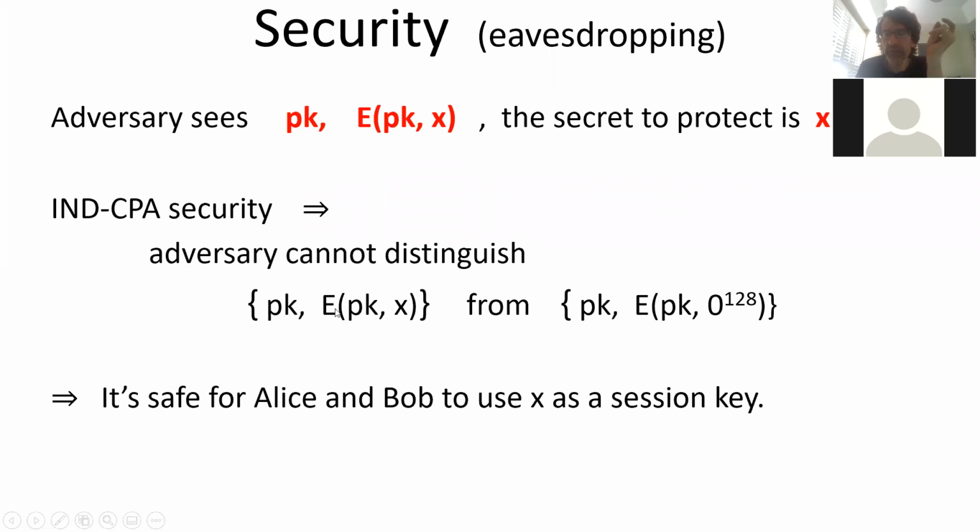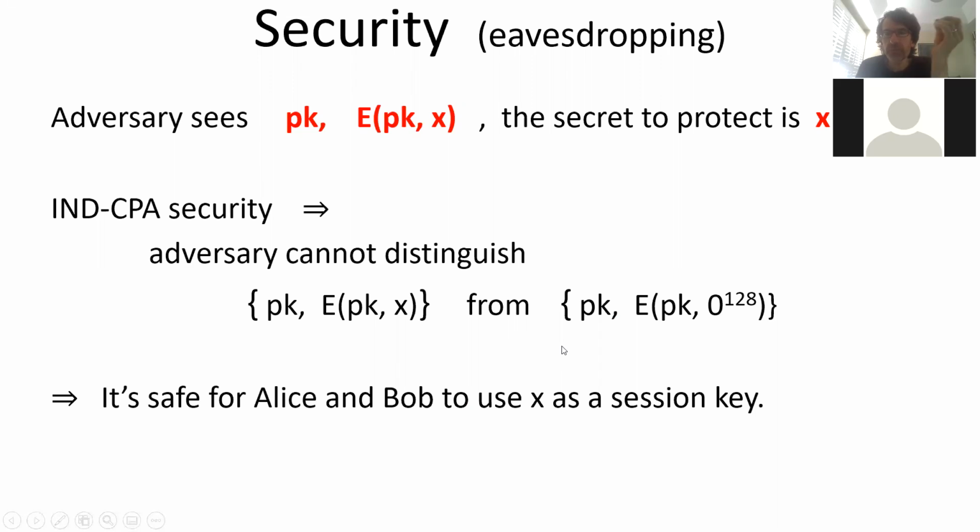The ciphertext went from Bob to Alice. Let's create an imaginary view where we keep the public key, but we replace the ciphertext with an encryption of random garbage, or not random, but a fixed constant, an all zero string.